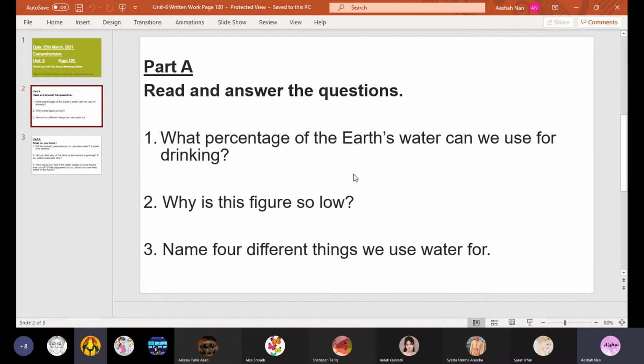Teacher, what was the answer again? 4% of the Earth's water can be used for drinking. Teacher, should we write the question? No, no, only the answers. Teacher, can we write we can use 4% of Earth's water for drinking? Yes, dear, that's also correct.